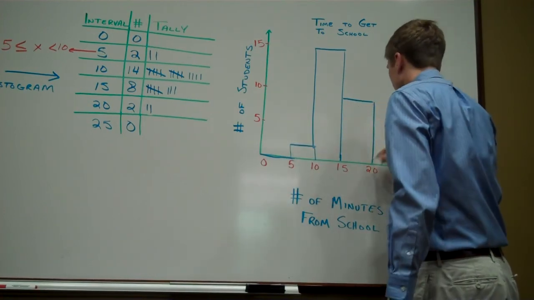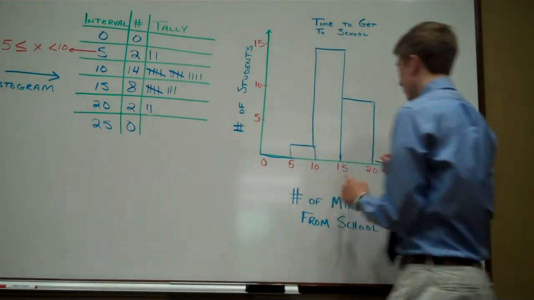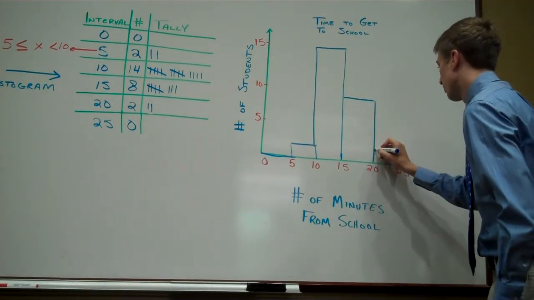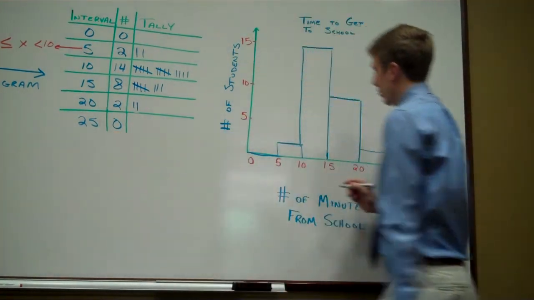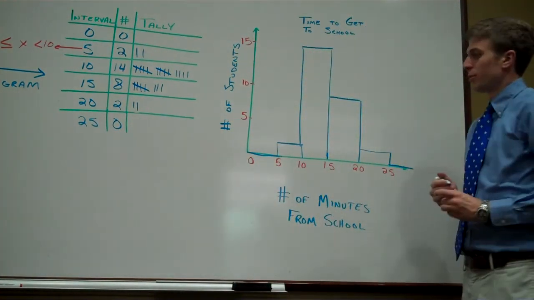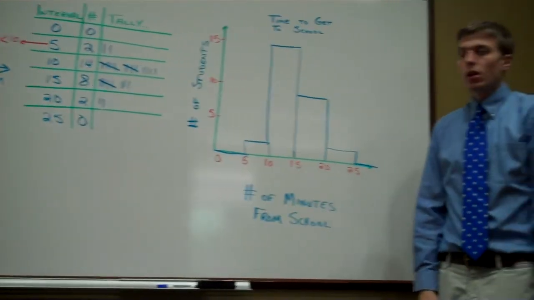We draw a rectangle connected to 20. And from 20 to 25, we have 2 again, which would be the same level as before. And then from 25 to 30, we have 0. So you can simply draw a line exactly on the x-axis, or you can ignore it.